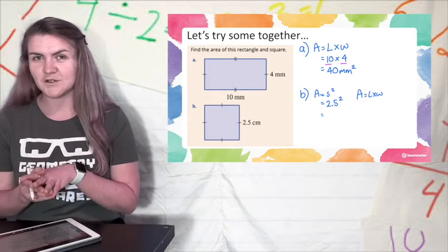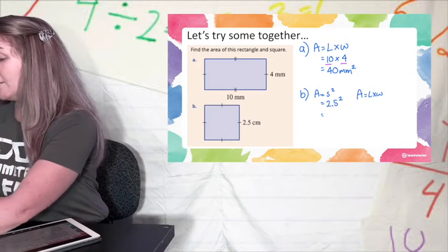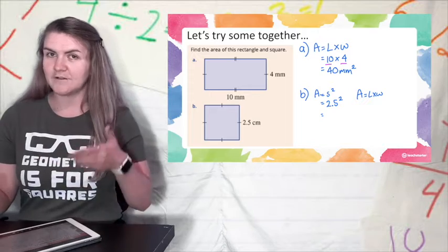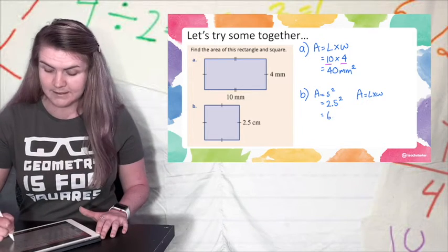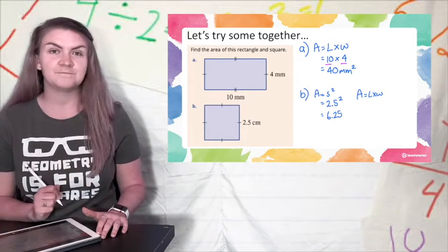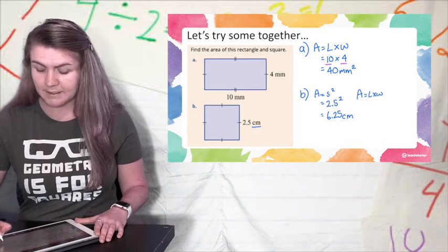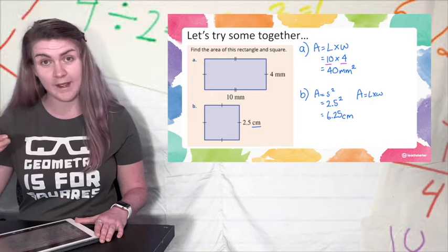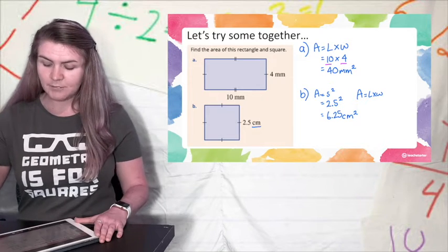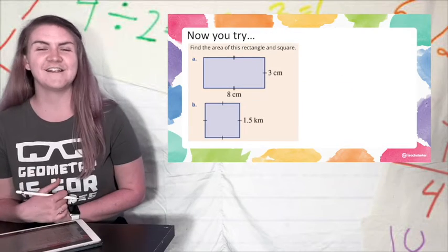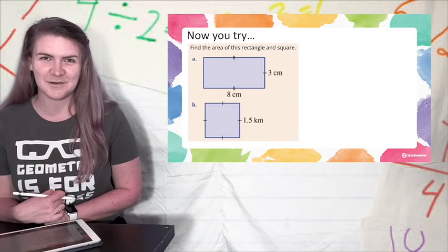So you're allowed to use your calculator. I'm going to use mine. 2.5 squared, which is the same as saying 2.5 times 2.5 equals 6.25. Now, units. My units was centimeters, so I'm going to write centimeters, but of course now they're squares. So 6.25 square centimeters. You have a go at finding the area of these rectangles and squares.